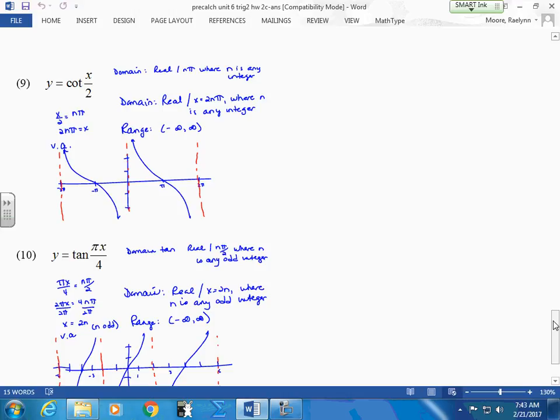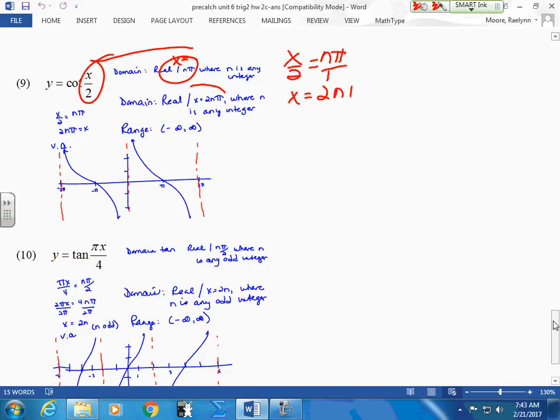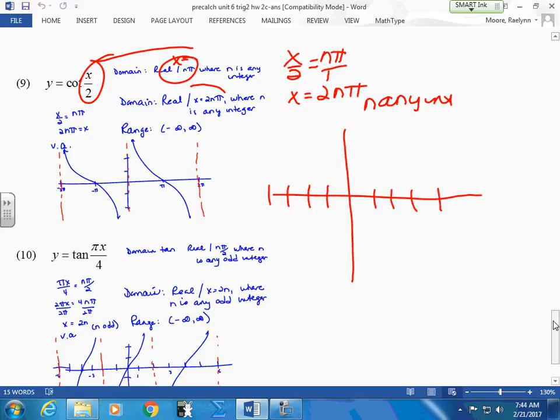So if I take this, watch, I write my cotangent curve, x is equal to, I just take this and I say x over 2 equals n pi, where n is any integer. I can start my cotangent like this. These are my 90s. So at the 0, I have one.